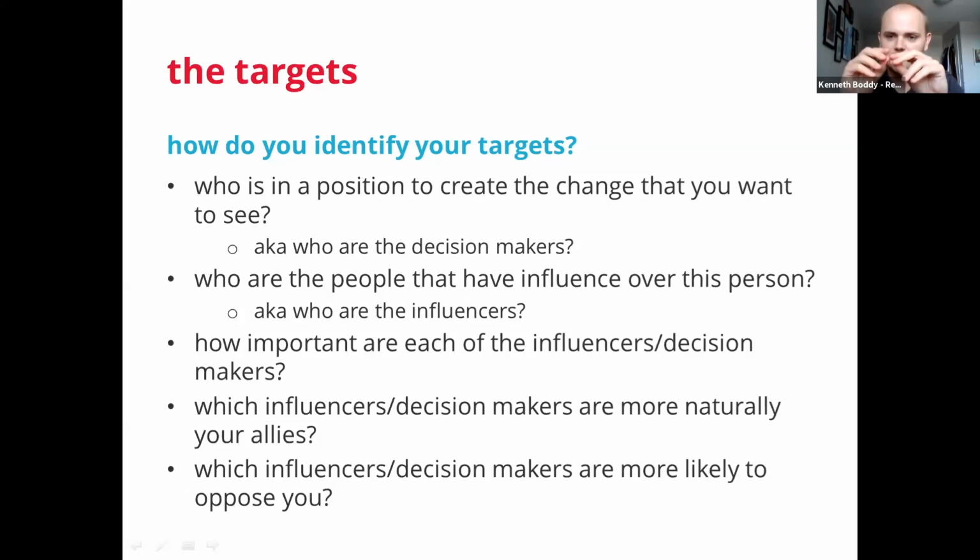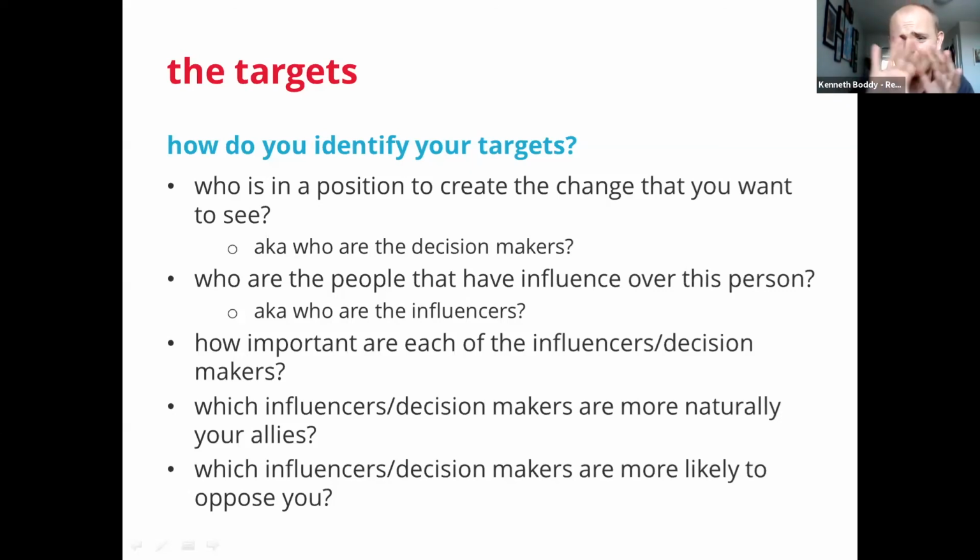And then from there, you can start to build out a model of people who can influence this person, as we talked about before. And then you also want to understand how important each of the influencers and decision makers are. Sometimes there might be multiple decision makers, but one person might have more power over the decision than another. Same thing with influencers.